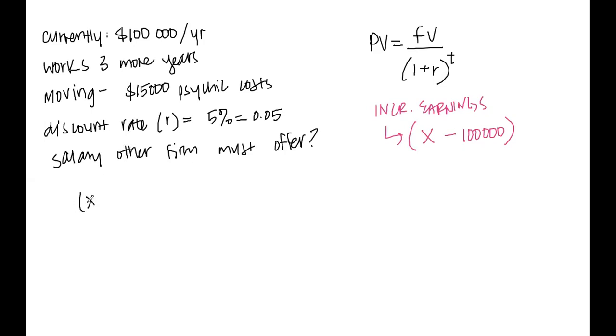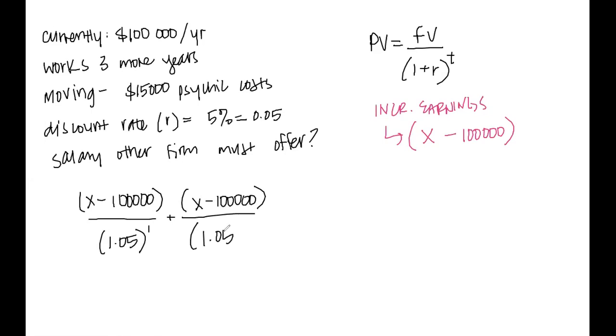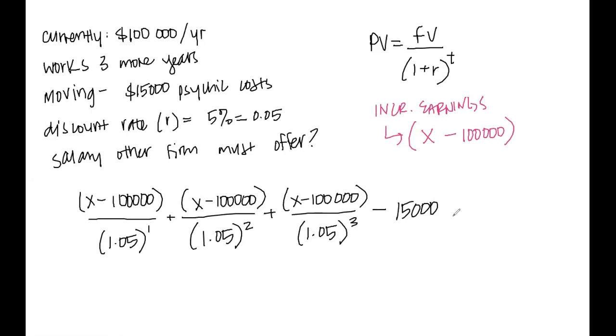So we have X minus 100,000 over 1.05 raised to the first power for the first year that he works, X minus 100,000 over 1.05 raised to the second power for the second year that he works, and then the same thing again but raised to the third power. And then the current cost of moving would be $15,000, so that doesn't get discounted, and we can just tag it on to the back.